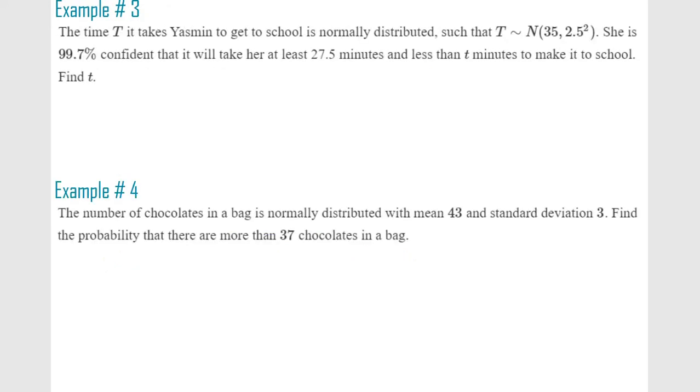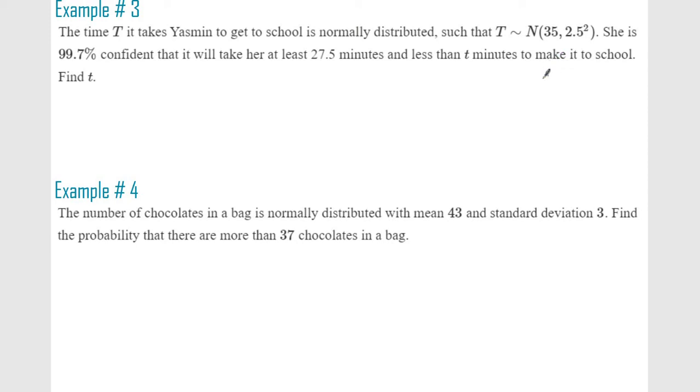Okay, so now for example 3. Yasmin's trip to school has a normal distribution with a mean of 35 minutes and a standard deviation of 2.5 minutes. All right, she is 99.7% confident that it will take her at least 27.5 minutes and less than some amount of minutes, T, to make it to school.